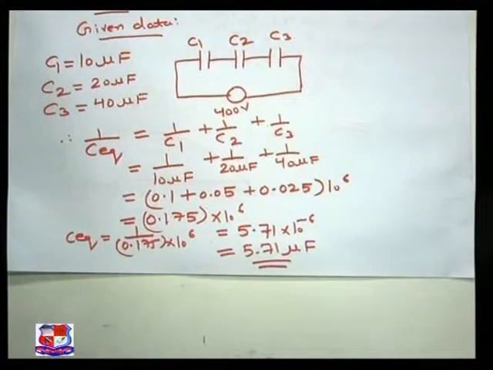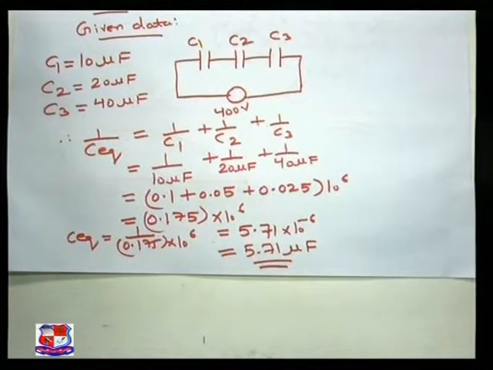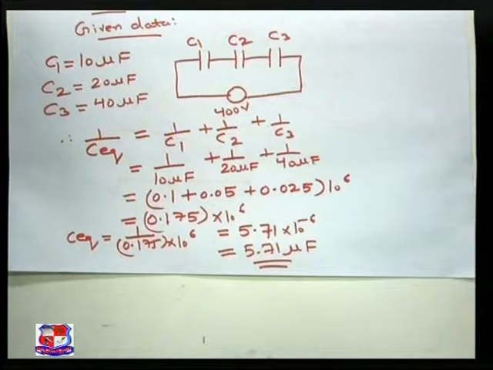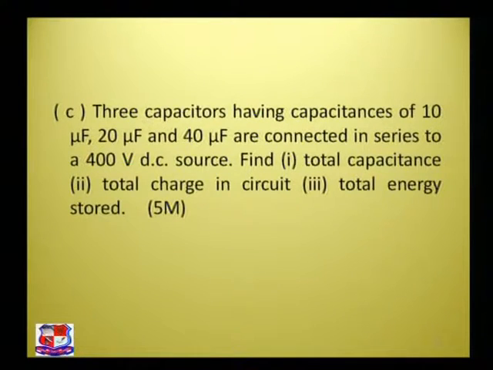Normally capacitors are available in nano, micro, all these units. So the first part, the total capacitance C equivalent, will be 5.71 microfarad.